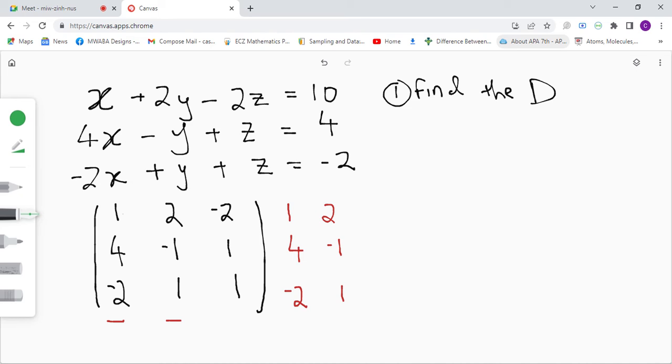We multiply diagonally. 1 times -1, that's -1. -1 times 1, that is -1. We repeat the process. -2 times -1, that is +2. +2 times -2, you get -4.